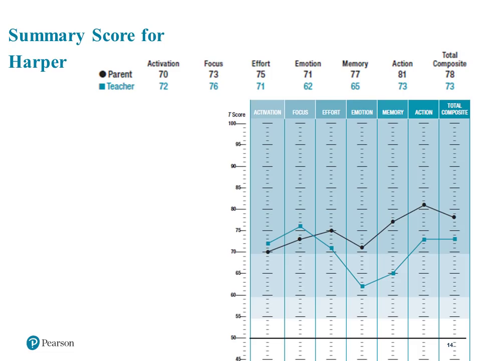And now remember, with all of these things, the further up you go, the more problems the person's reporting. So higher scores indicate more impairment. And in the memory scale here, the mother's saying, hey, Harper doesn't do very well about remembering things when you talk to him. And the teacher is saying, well, I see some of that.